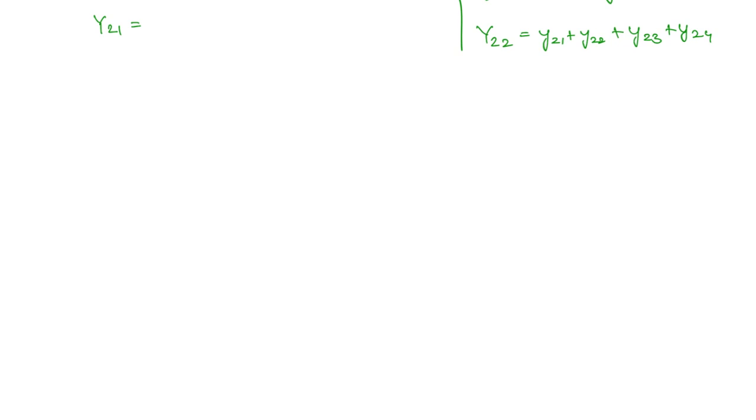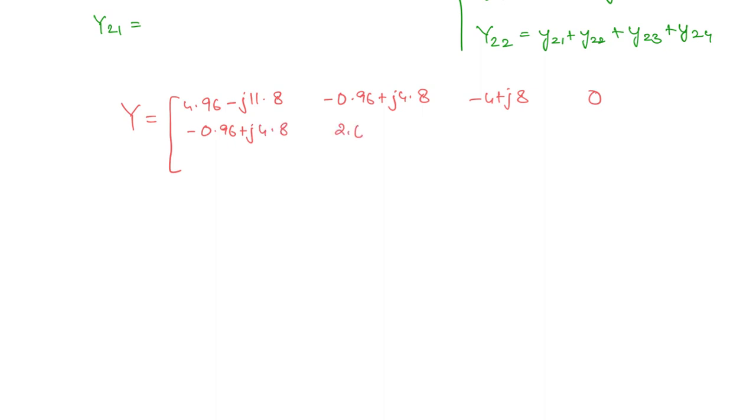I will write down the final value. Y is equal to 4.96 minus j11.8, minus 0.96 plus j4.8, minus 4 plus j8, and 0. Similarly here, minus 0.96 plus j4.8, 2.61 minus j9.02, 0, minus 1.65 plus j6.22.